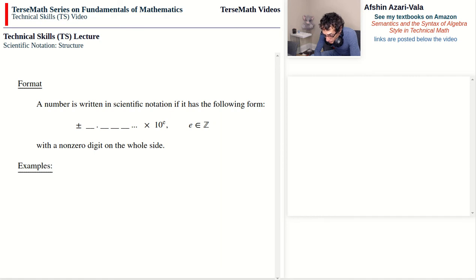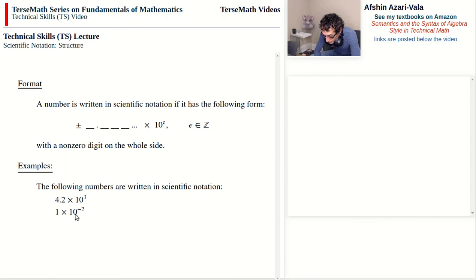Now, examples of numbers written in scientific notation: 4.2 times 10 to the power of 3. As you notice, we have one non-zero digit on the left. We have the times 10, and the exponent is an integer. 1 times 10 to the power of negative 2. We have one digit which is not zero on the left side of the decimal point. There are no decimal digits, which is fine.